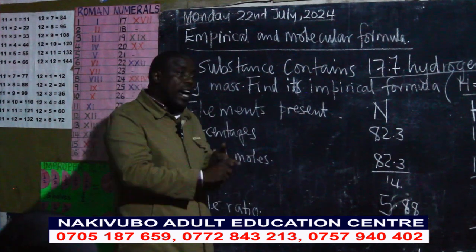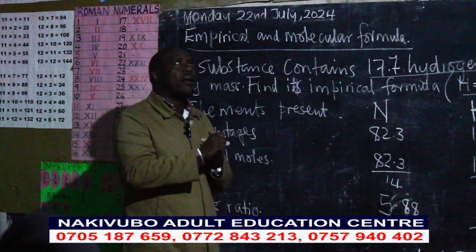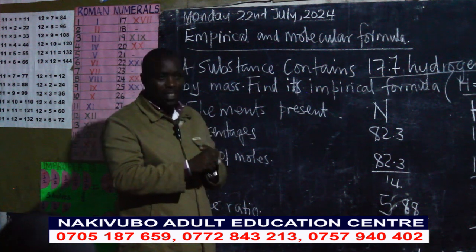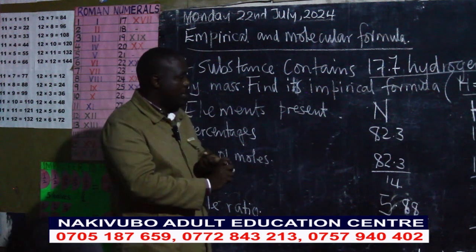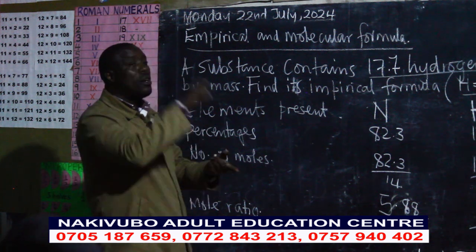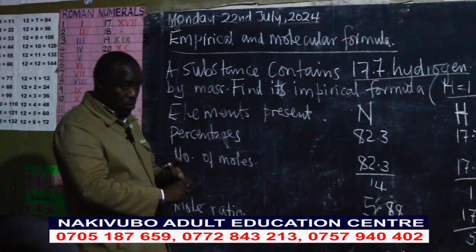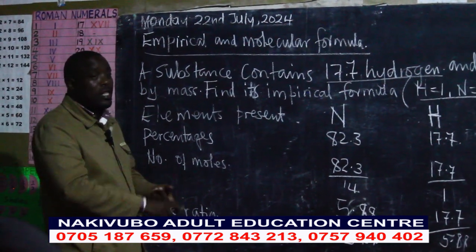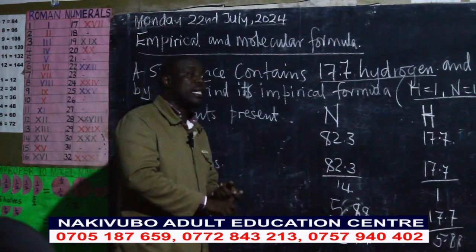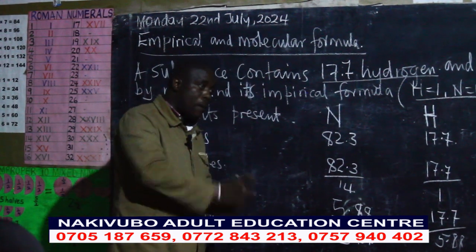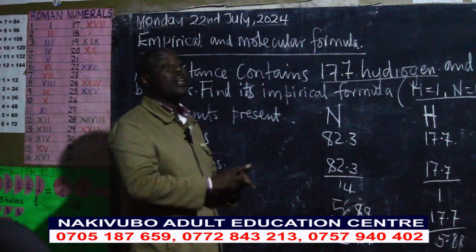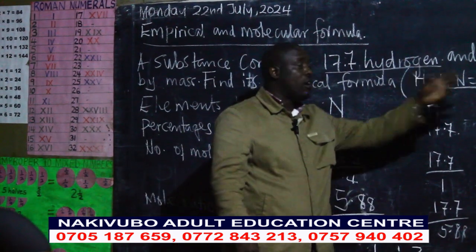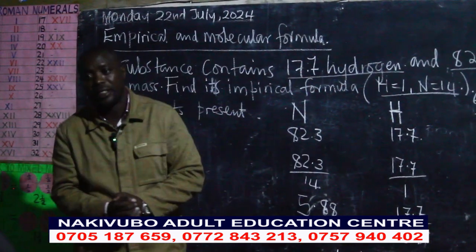Third, divide by the atomic masses. That gives you the number of moles. Are we together? After getting the number of moles, divide through by the smallest number of moles to get the mole ratio. The mole ratio determines the empirical formula. As simple as that.